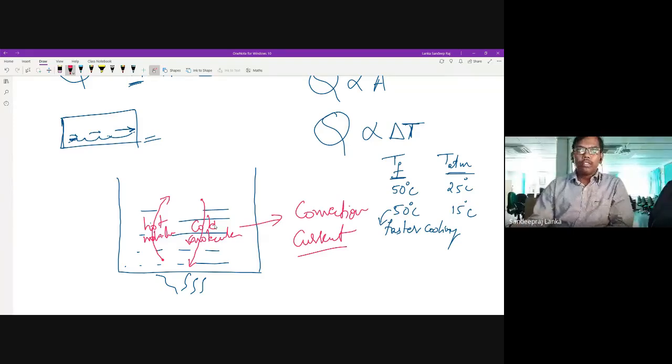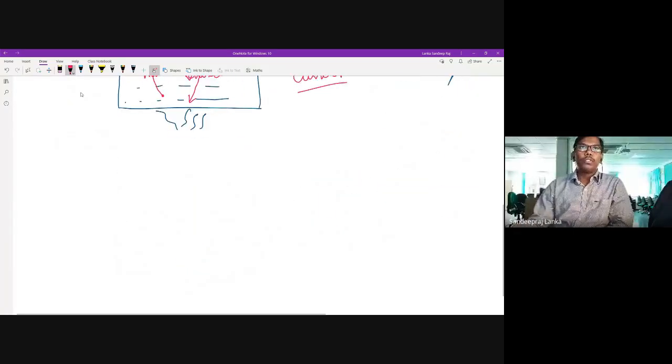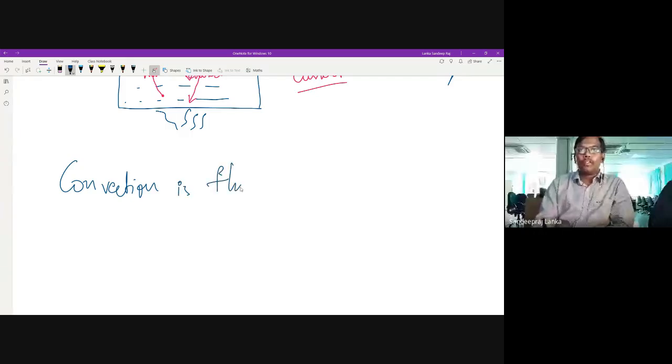What is very important when it comes to convection is that it is fluid flow heat transfer. If there is a fluid flow, there will be convection definitely. If there is no fluid flow, maybe it is a conduction case.